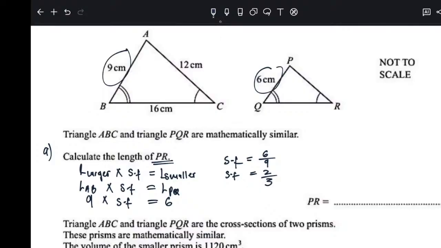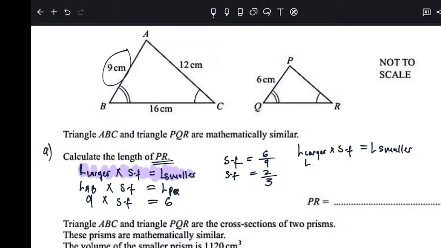Then you do the same relationship here. Length of larger times scale factor gives me a length of smaller. Stick to the plan. Length of larger. Now that you know scale factor, you are very powerful, is equal to the length of smaller. What is the length of the larger one? Which is the same as PR. PR is this one. So on here, it will be 12.